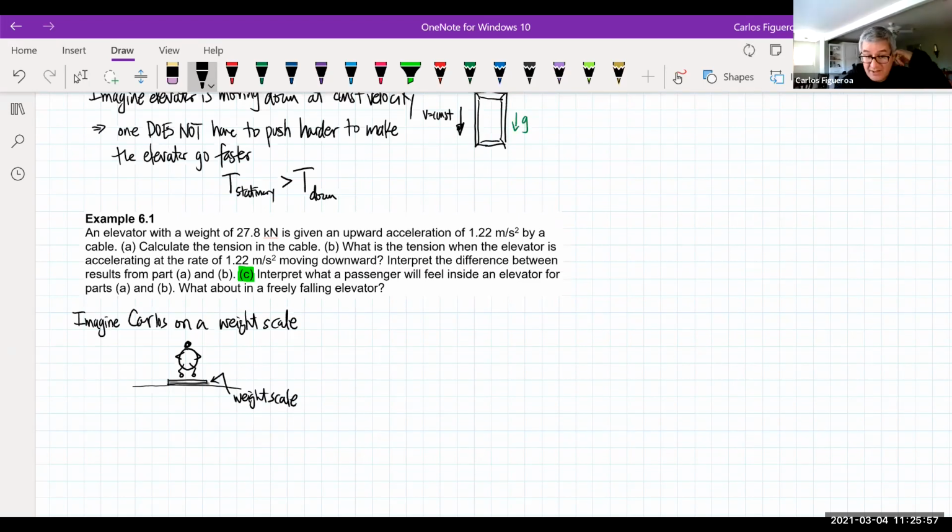So now that I'm on a weight scale, let's say that, how do I say this here? If I'm on the ground and I'm stationary, note that stationary or constant velocity in Newton's laws are identical.